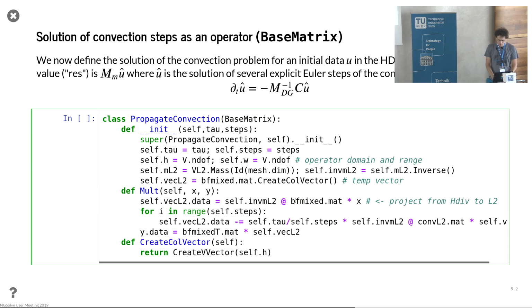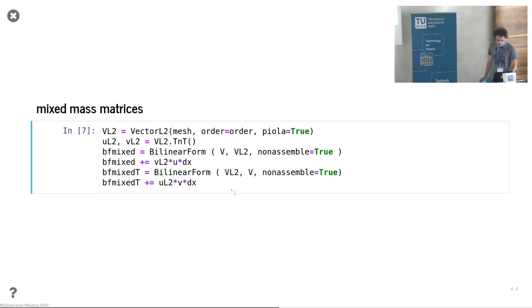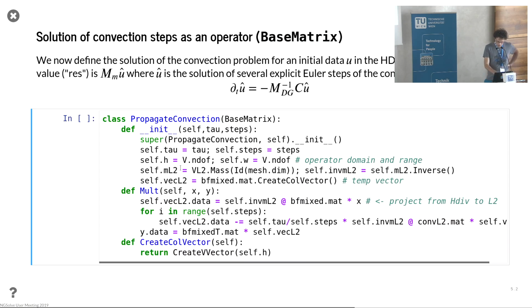And now the BF mixed matrix is the application of the bilinear form from the previous slide. So here we defined this mixed bilinear form. So the result of this application is now a functional in the vector L2 space. By now applying the mass inverse of this space, we essentially have the representation of this HDiv vector as a vector L2 function. So this is the result here.